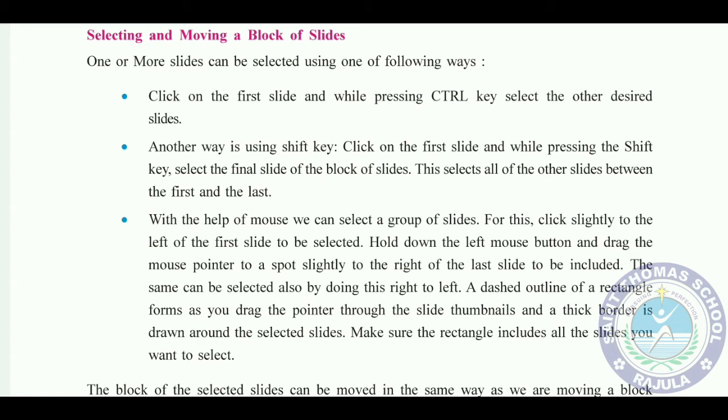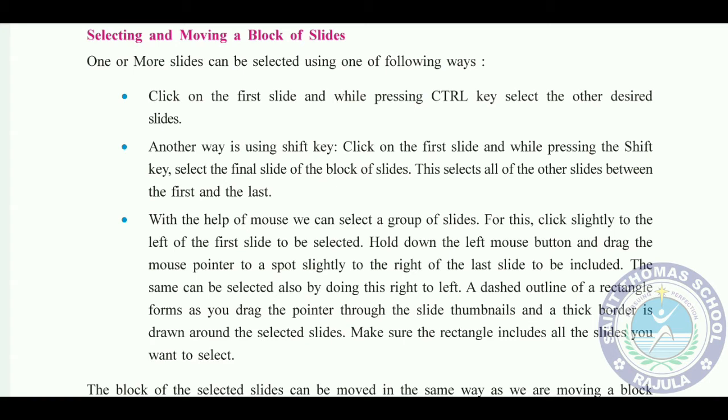Another way is that you can do the same thing with the help of the mouse. First hold down your left mouse button and select the first slide. Then, if they are consecutive, don't release your left mouse button, keep pressing it and drag your mouse downward to your last slide.